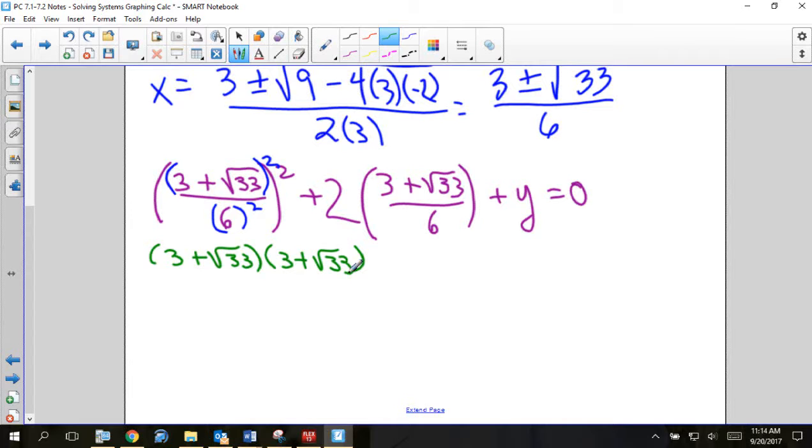Anyway, so 3 times 3 is 9. And then we multiply 3 times radical 33, but they're different things, so you just put them together: 3 radical 33. Then the inside, 3 radical 33. And then the last term is square root of 33 times square root of 33, so that's where they cancel out, that last term.